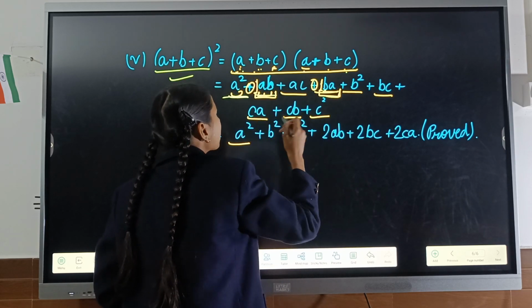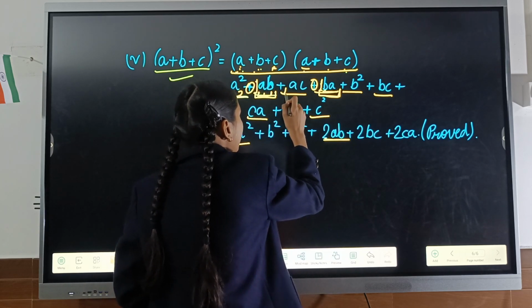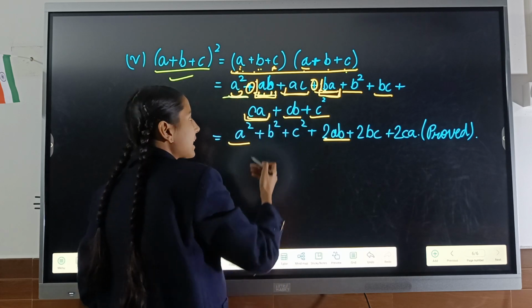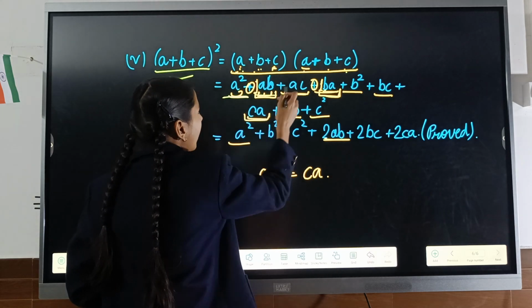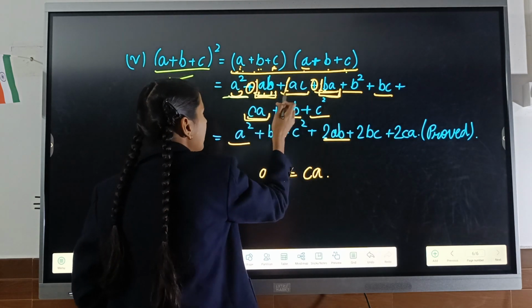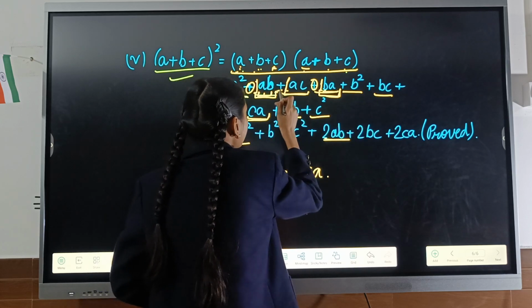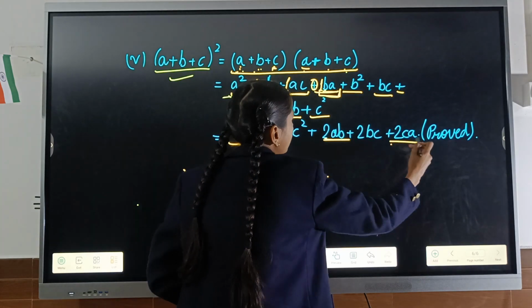Signs are also same. So let's add them, which is 2ab. Here is ac and here is also ac. AC can be written as ca also. So here is also one AC and here is also one CA. The signs are also same. So we simply add them, which is 2CA.